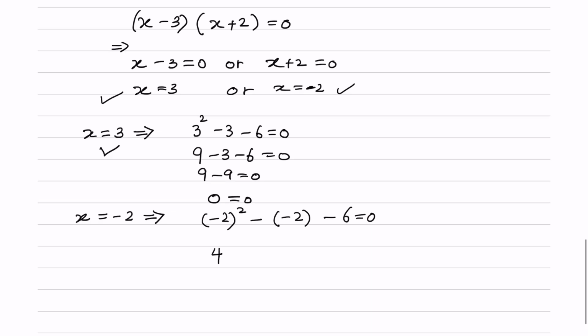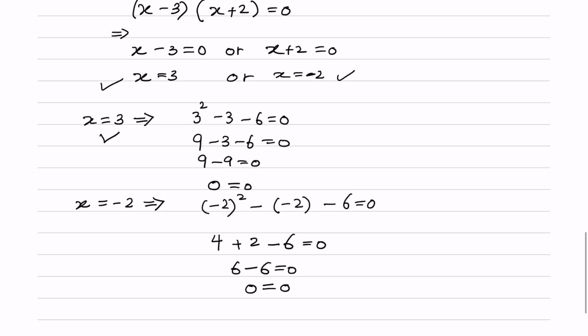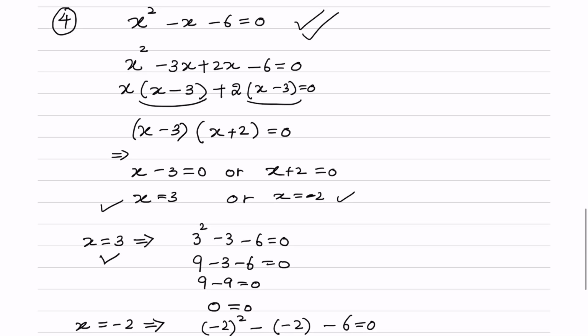So 4 plus 2 minus 6 equal to 0. So again, for x equal to minus 2, the equation is satisfied, 0 is equal to 0. So we will say that yes, x equal to minus 2 is the root of the equation x square minus x minus 6 equal to 0.